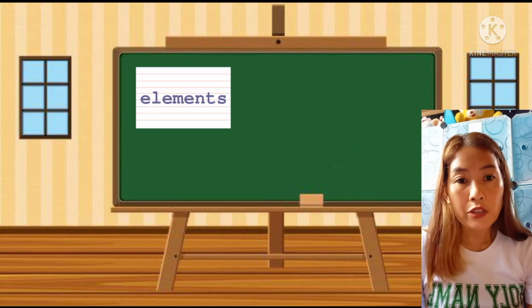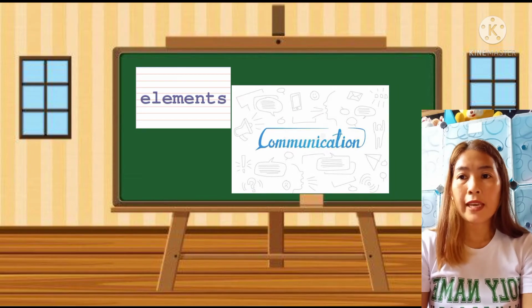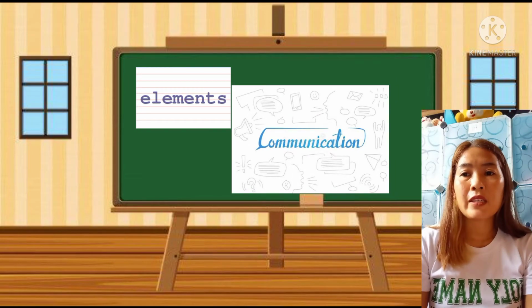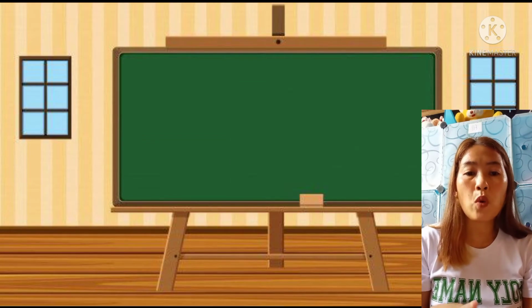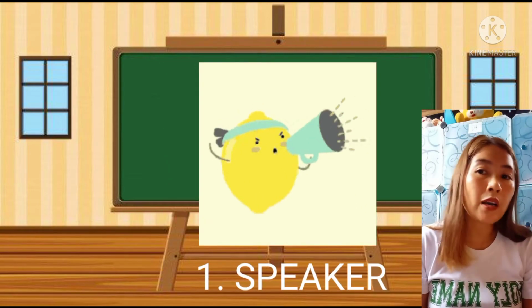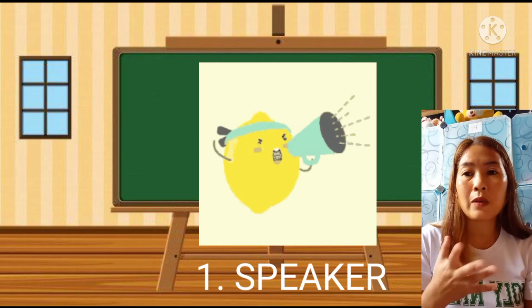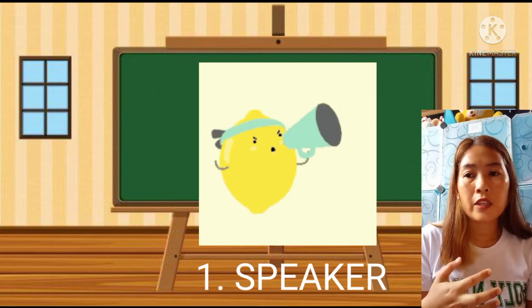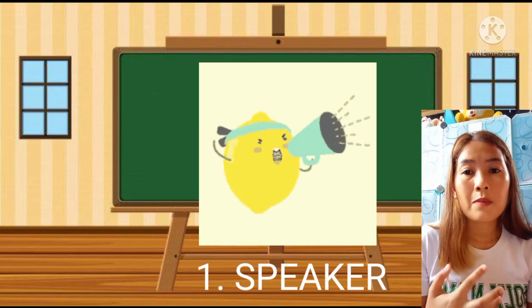Okay, so let us now talk about the elements of communication. Communication is divided into elements which help us better understand its mechanics or process. These elements are the following. Number 1, speaker. The speaker is the source or communicator, or the sender of the information or message.